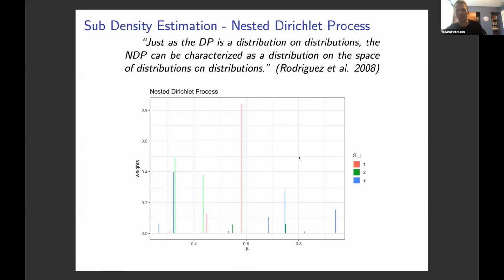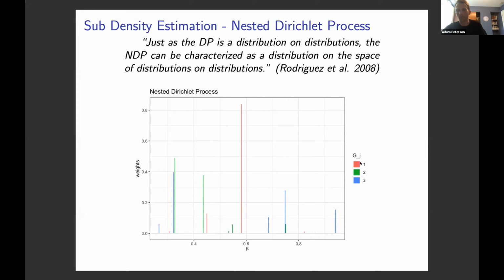But I have a picture here that, again, I'm hoping helps, so that you can see that we've got these G sub j. You can think of these as cluster-specific distributions, where we've got weights and parameters, but now we've got weights and parameters that are specific for one school.